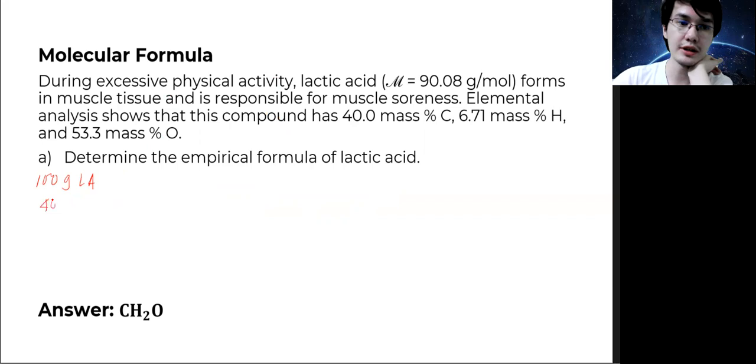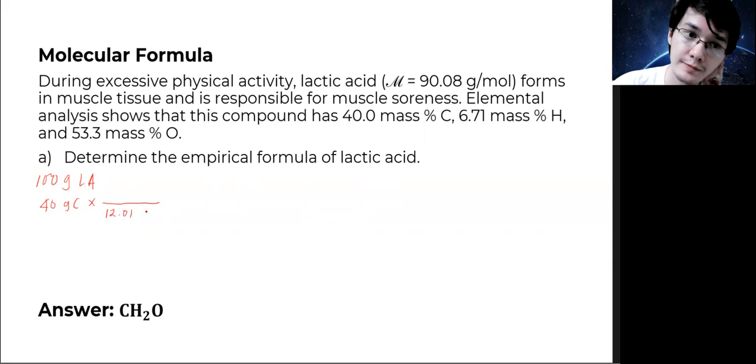So 40 grams C, we divide it by the atomic weight. We will get 3.33 moles carbon.